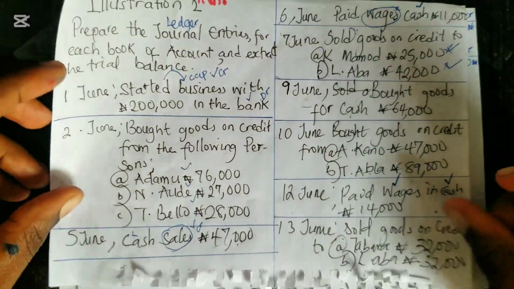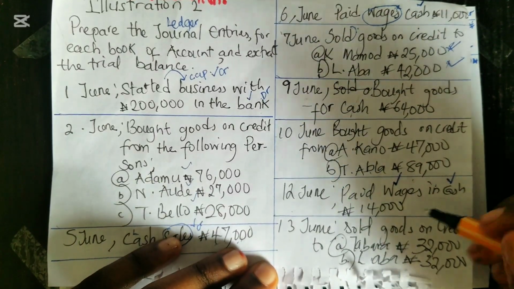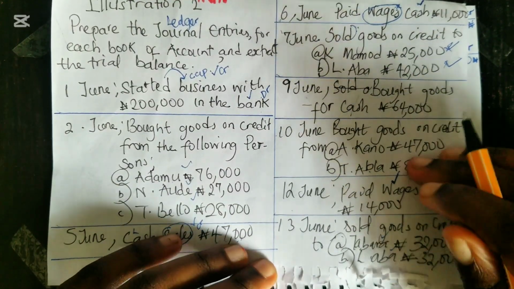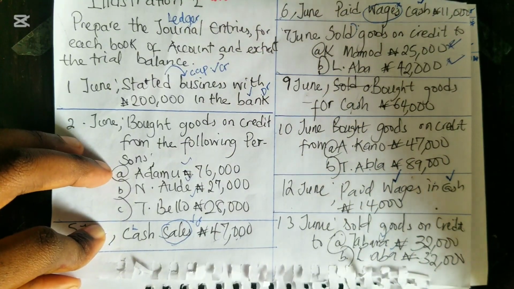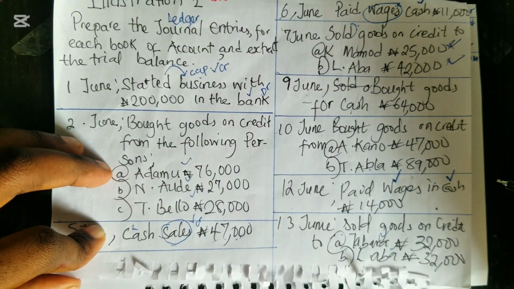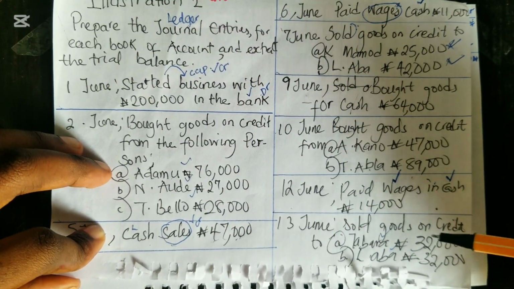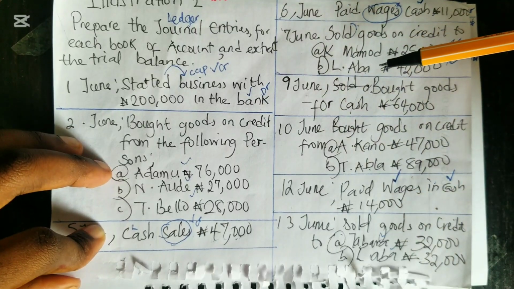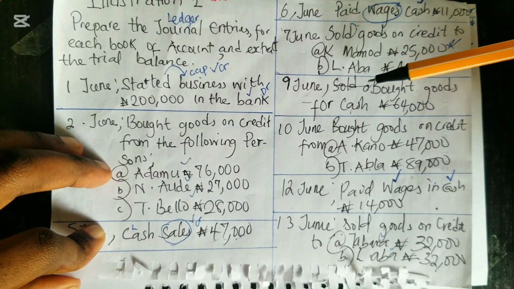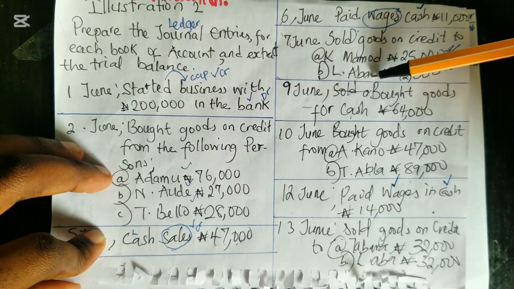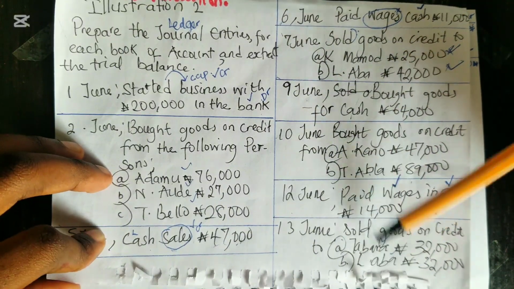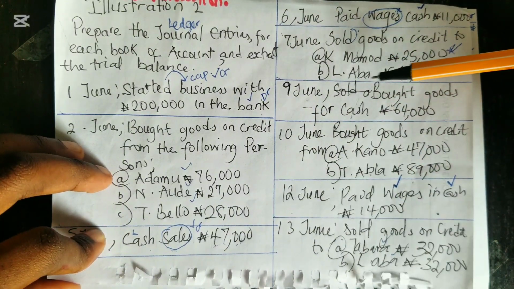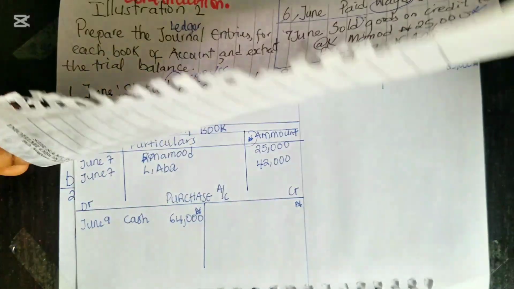So the next one is June 13, sold goods on credit, Tabara and Laba. Do we have Tabara and Laba's account? No, we do not. This one sold goods on credit. I think yes, we do have El Abba's account. Because we have this, we don't have to prepare El Abba's account again.